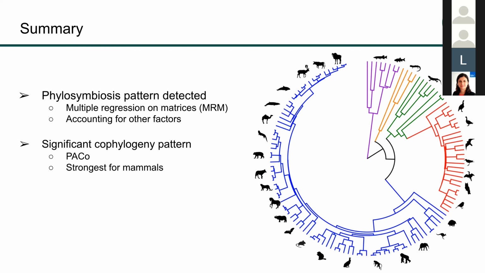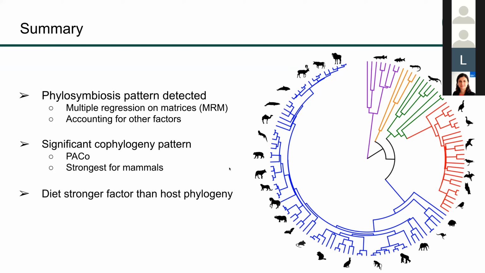And this pattern, as I said, might be due to a number of different factors, such as gastrointestinal tract morphology and complexity, and it'll be great to follow up on this and see what are the main factors causing this pattern of cophylogeny.